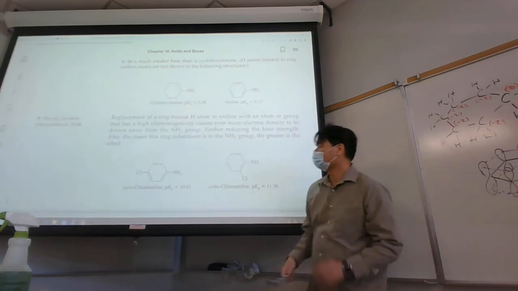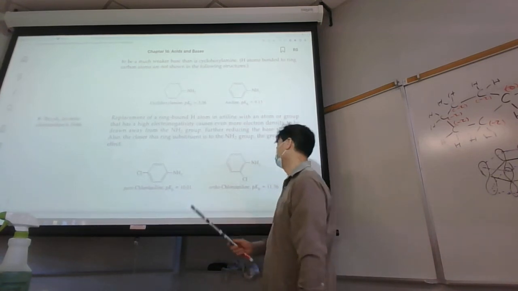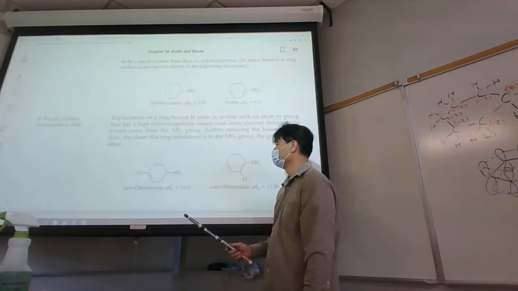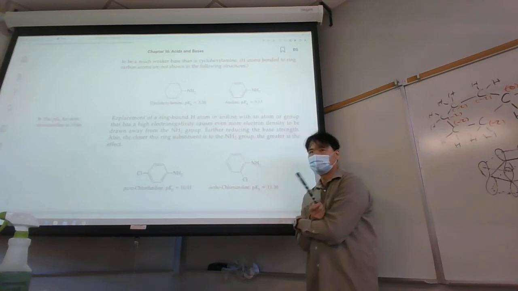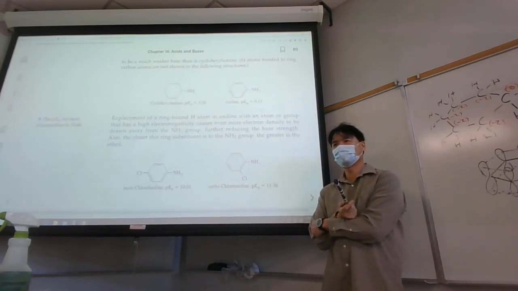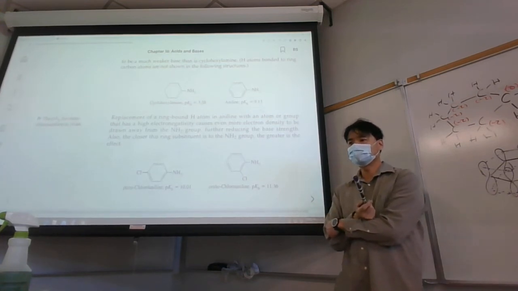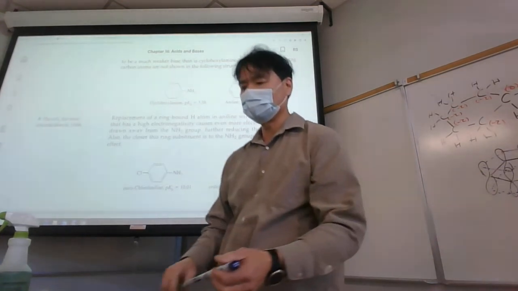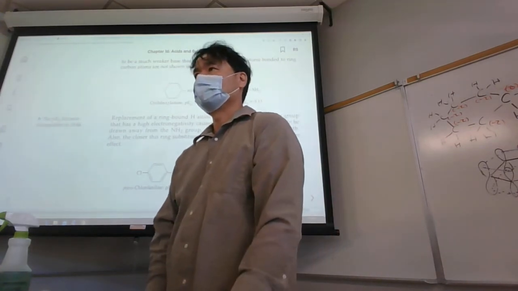What's having a chloro group going to do to this? Well, the chloro is electron withdrawing group or electron pusher group? A chloro, well, what's electronegativity of chlorine? It's pretty high.